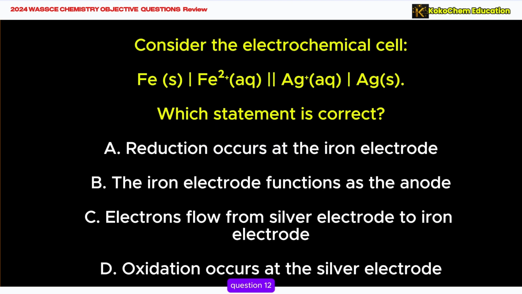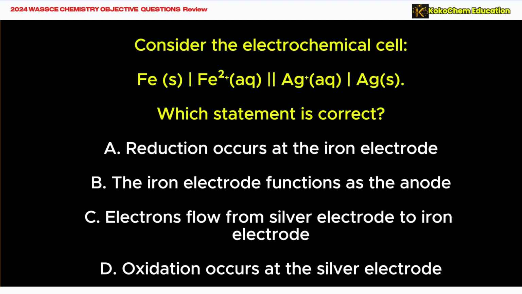Question 12. Consider the electrochemical cell Fe solid to Fe2+ aqueous, Ag2+ aqueous to Ag solid. Which statement is correct? A. Reduction occurs at the iron electrode.